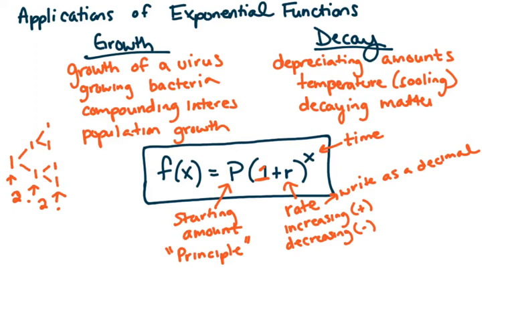Make sure that you're consistent when you're looking at the time. So if your rate is in weeks, then you want your time to be in weeks. Or you're going to have to do like we did with the pennies and maybe multiply by something in your exponent so that you have the right units of measure.